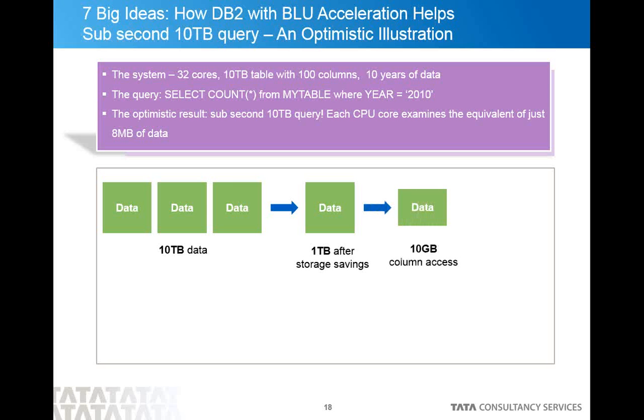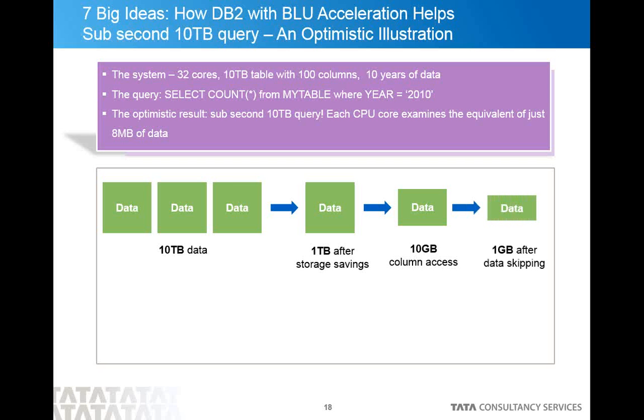Now, since we have 100 columns in the table and we are interested in a single column, we will be fetching only the pages that belong to a particular column. So we divide it by 100, and the effective data volume comes down to 10 GB.